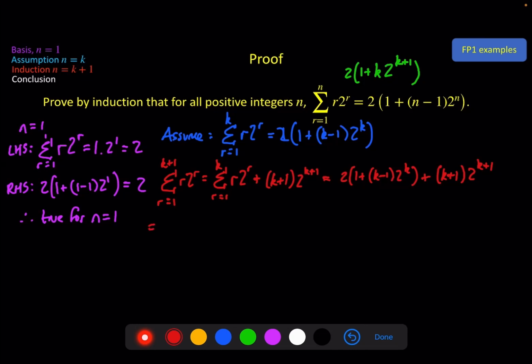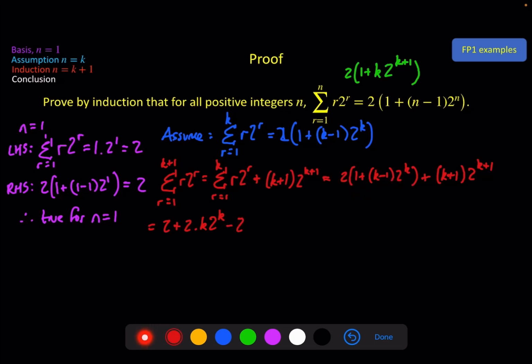Sometimes proofs are a little bit more, you've got to be a little bit more creative, which is why it's good to look at some of the other videos, even though it's the same process, because sometimes they're not as simple, it just falls out when you simplify it. Whereas here, I think it will. We get a 2 plus 2 times this, and I'll expand this bracket as well, so that's 2 lots of k times 2 to the k, and 2 lots of minus 2 to the k.